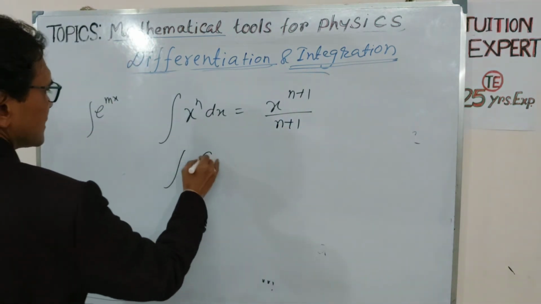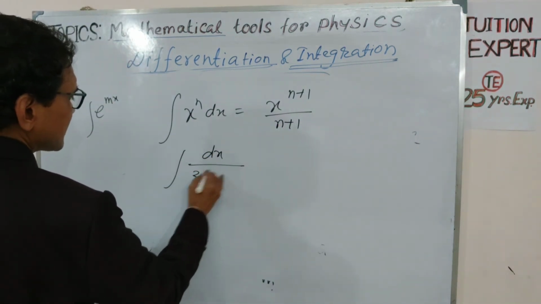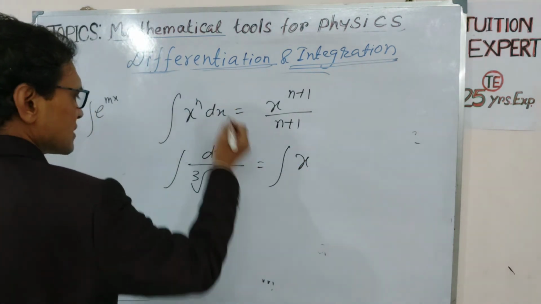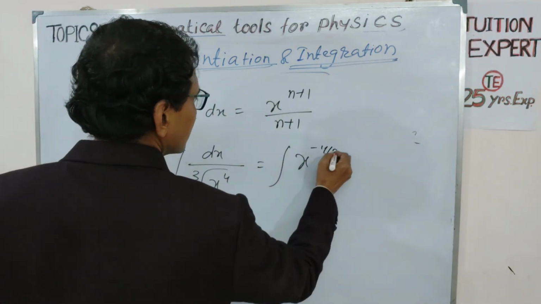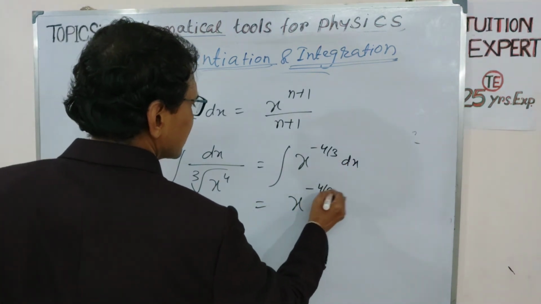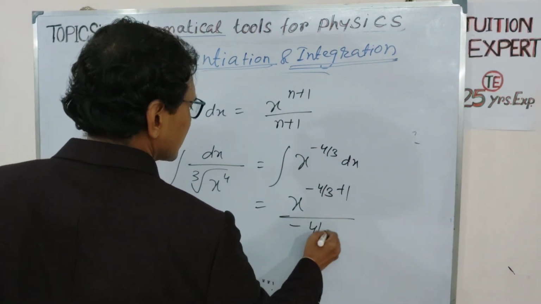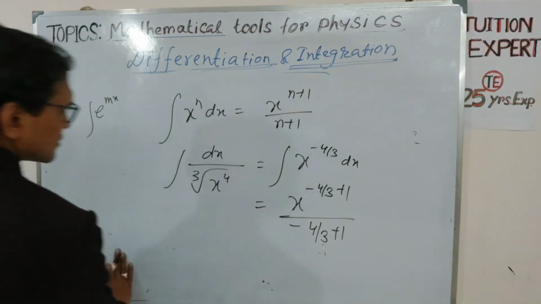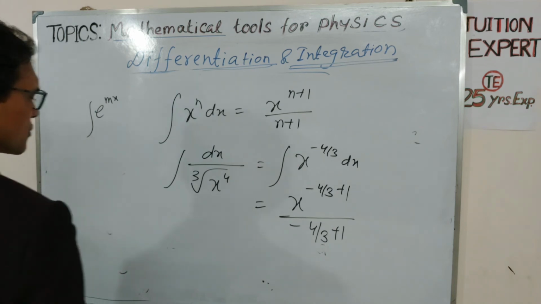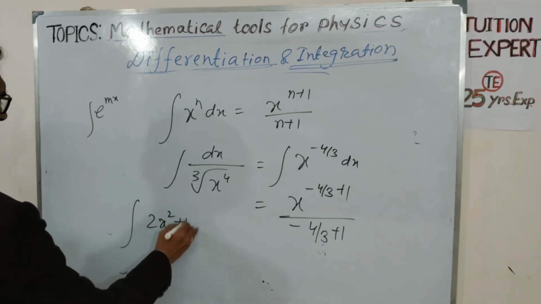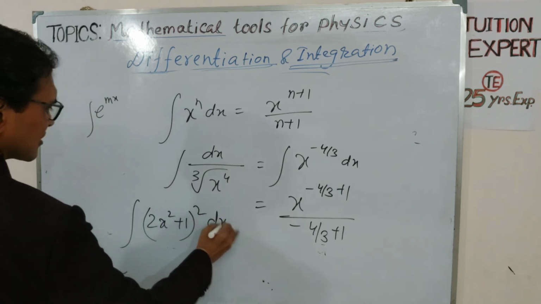So suppose you have to integrate this. It becomes 4 by 3. So this is the answer. Let's simplify.